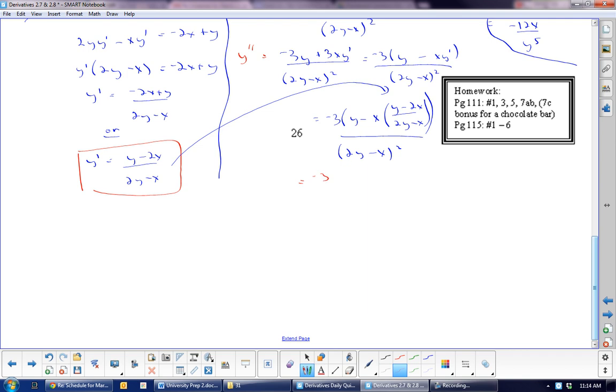So we have negative 3, and this is going to be y times (2y minus x) over (2y minus x), minus x times (y minus 2x) over (2y minus x), all over (2y minus x) squared.